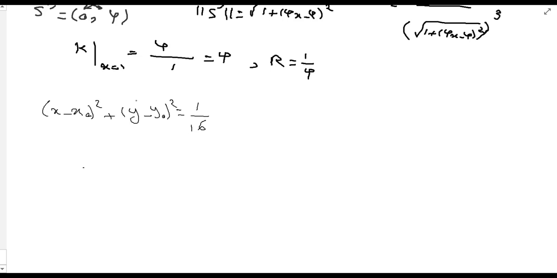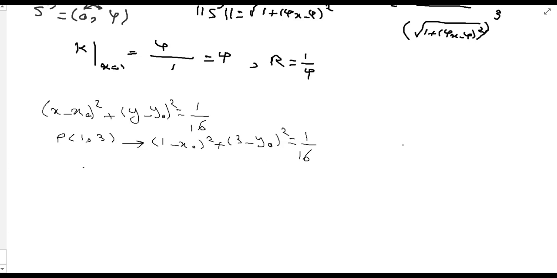Now in order to find x0 and y0, the circle passes through the point P, which is (1, 3), so I can put 1 and 3 in this equation. So I will get (1 minus x0) squared plus (3 minus y0) squared is equal to 1 over 16.